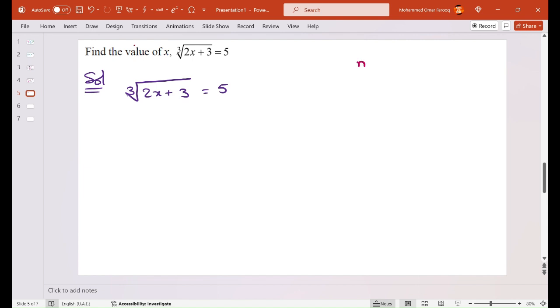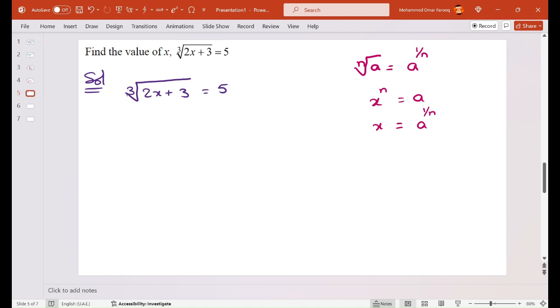The nth root of a, you can write it as a to the power of 1 by n. If x to the power of n is equal to a, then x can be written as a to the power of 1 by n.